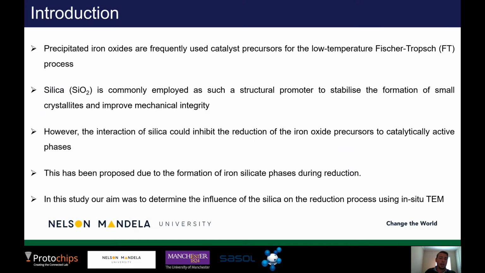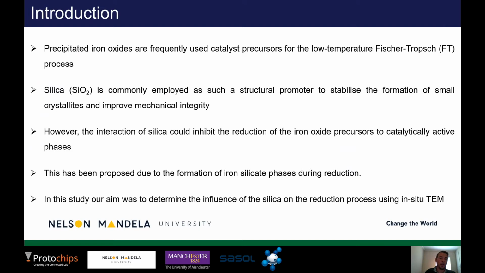It's a little bit of a double-edged sword, the promotion with silica, because if you add a little too much silica, it could inhibit these oxide precursors from reducing fully towards active phases. That could then affect the catalytic activity of the catalyst, so it's important to find the appropriate balance of the amount of silica to use. The reason why this happens isn't entirely understood.